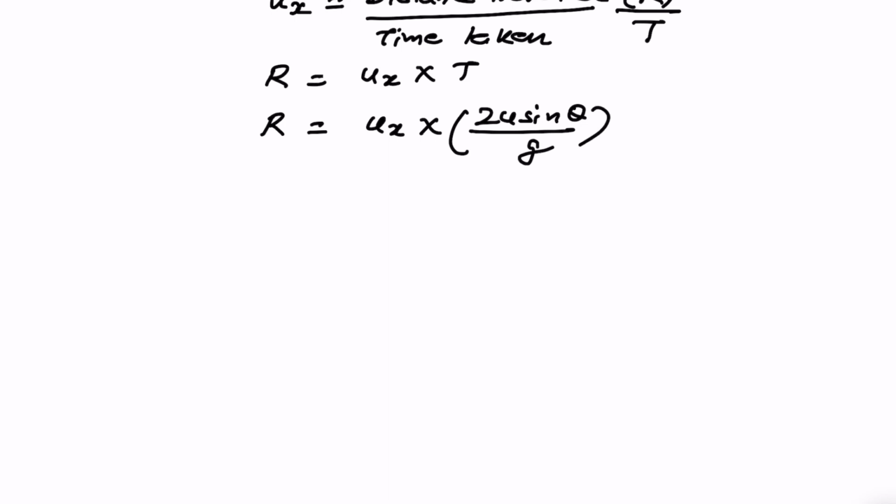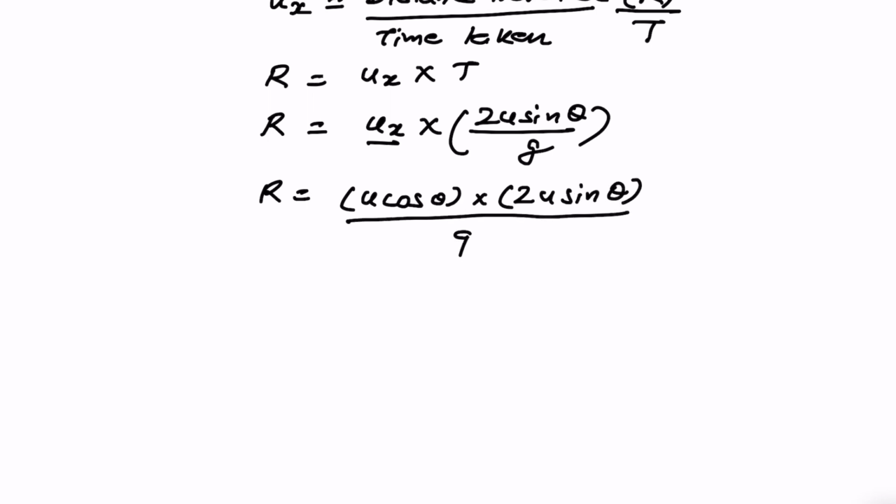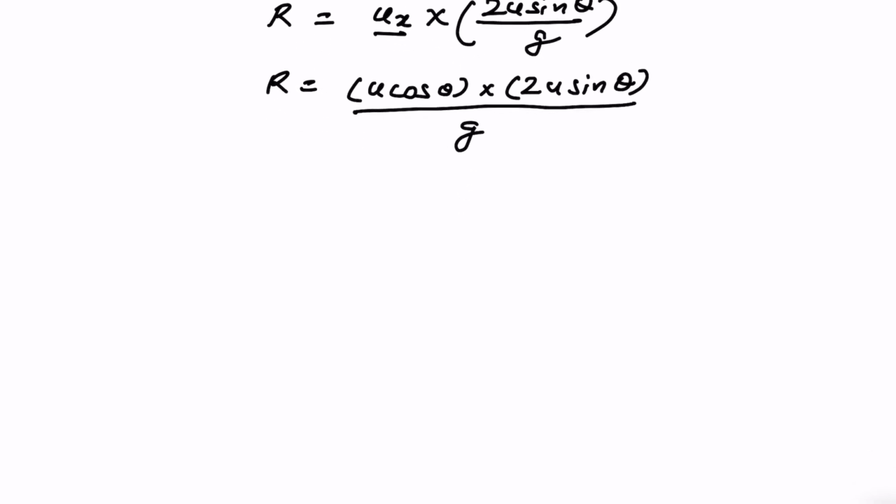And what is the value of ux? Ux is the horizontal component of velocity that can be written as u cos theta. So the formula for range will become u cos theta into 2u sine theta upon g. So it can be written as 2u square sine theta cos theta divided by g.